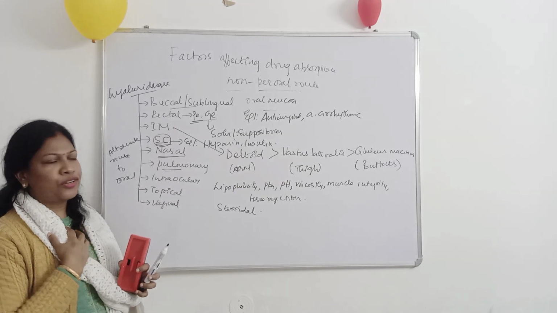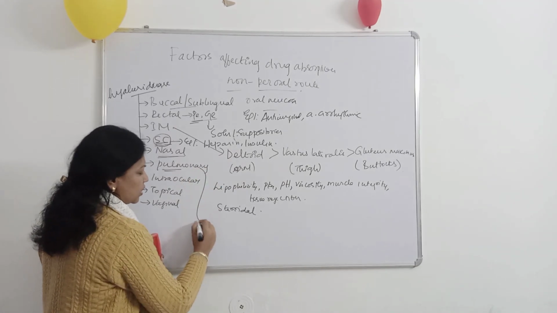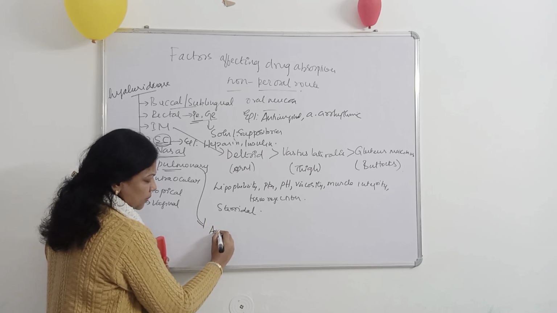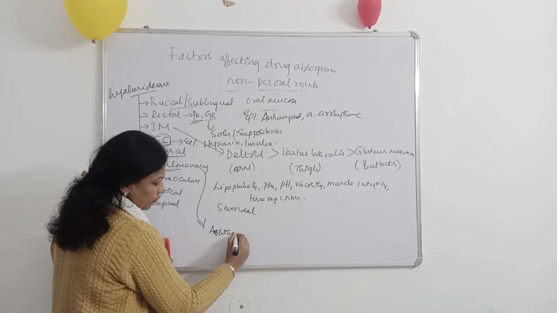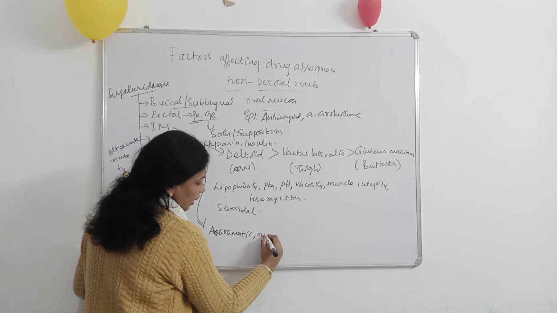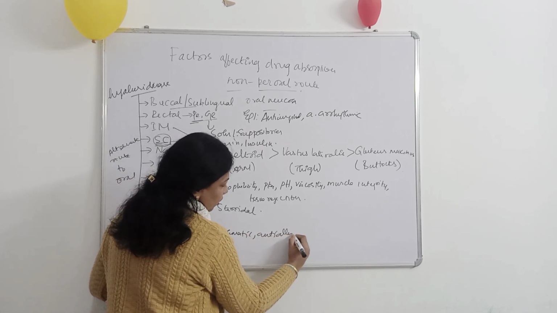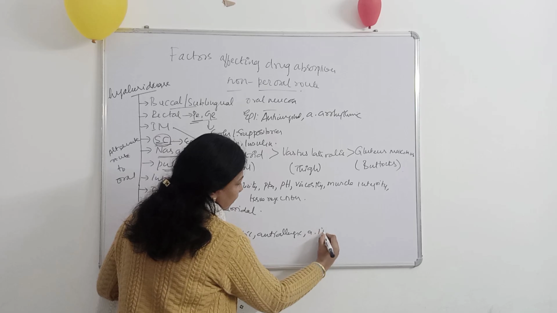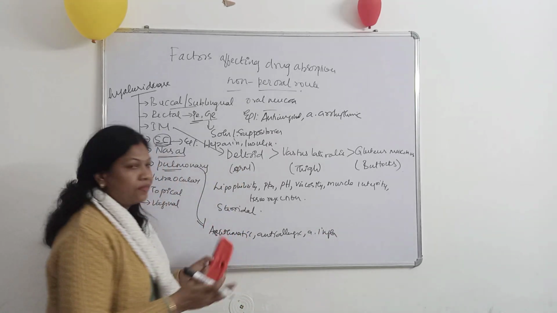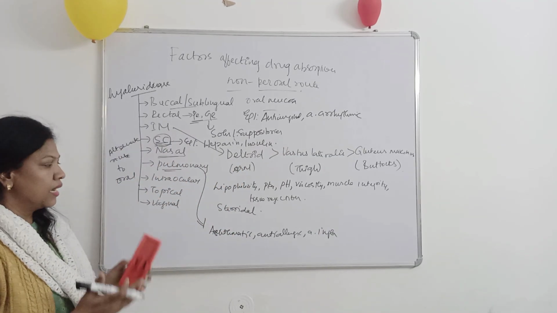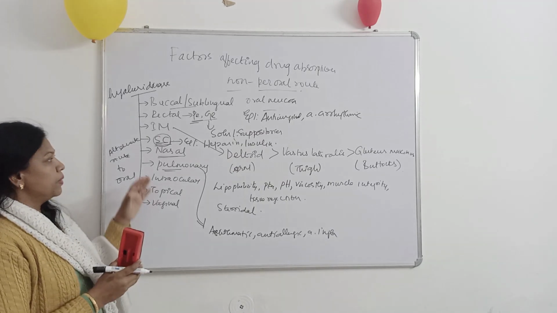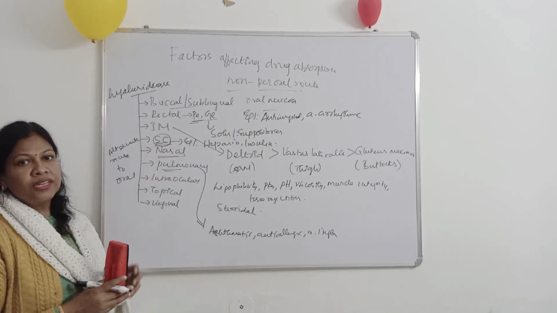This pulmonary route is preferred when we use inhalations during asthmatic conditions, or in case of anti-allergics or anti-inflammatories. So anti-inflammatory drugs, asthmatic drugs and anti-allergic drugs can be given through this pulmonary route.